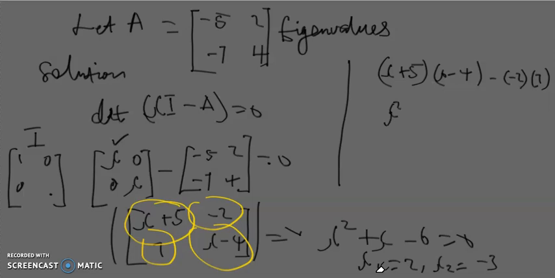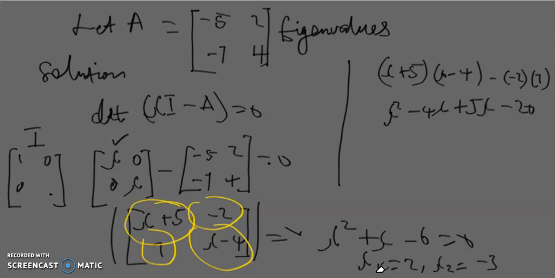Lambda multiplied by negative 4 will give us negative 4 lambda. Positive 5 multiplied by lambda gives us positive 5 lambda. Then 5 multiplied by negative 4 will give us negative 20.